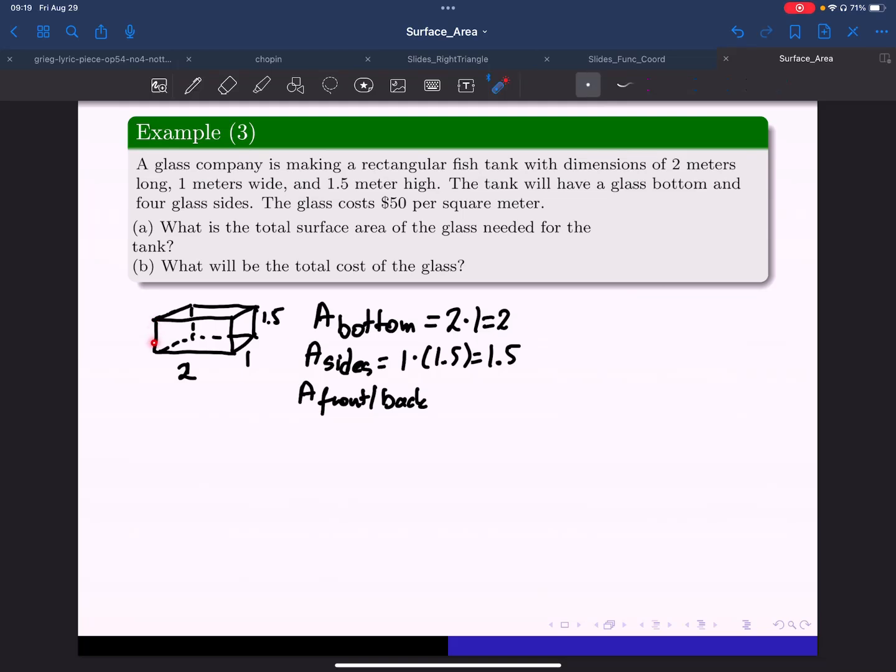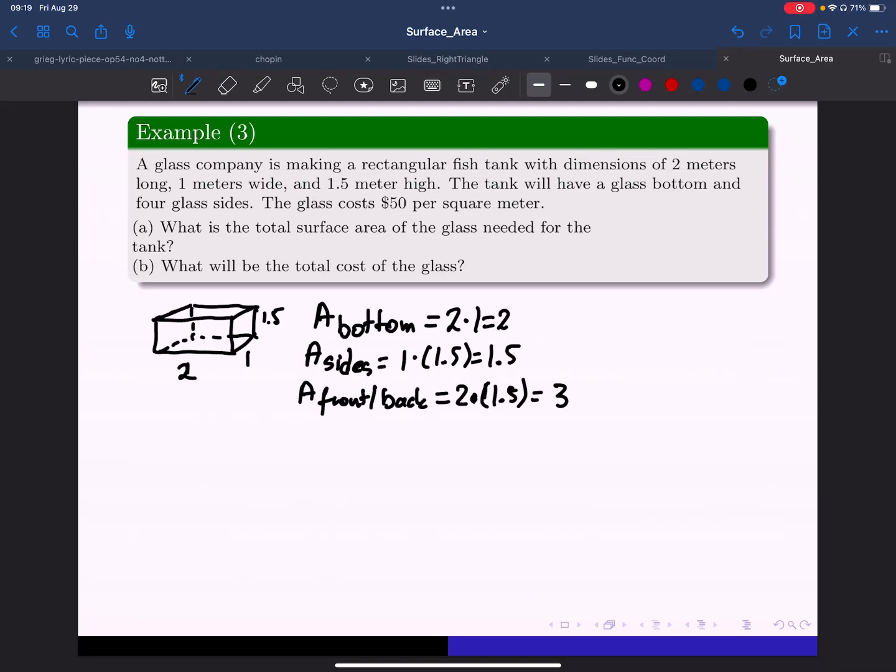So the front right here is rectangle, and the area would be 2 times the width. In that case is 1.5, because that's the same, right? So we have 2 times 1.5. So 2 times 1.5 is 3.